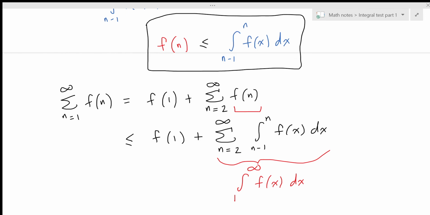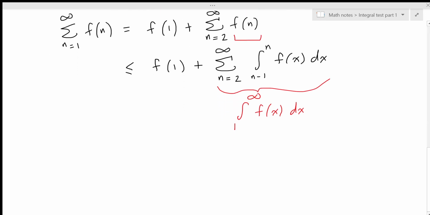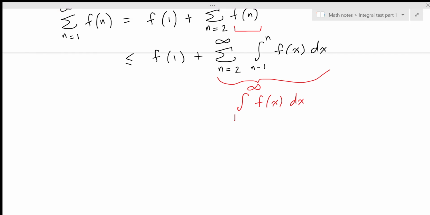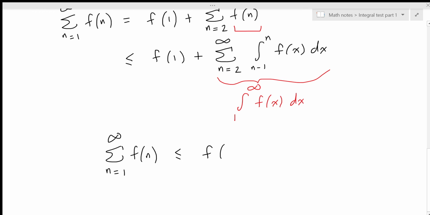So, putting this all together, we arrive at the final inequality for the integral test. The sum from n equals 1 to infinity of f of n is less than or equal to f of 1 plus the integral from 1 to infinity of f of x.